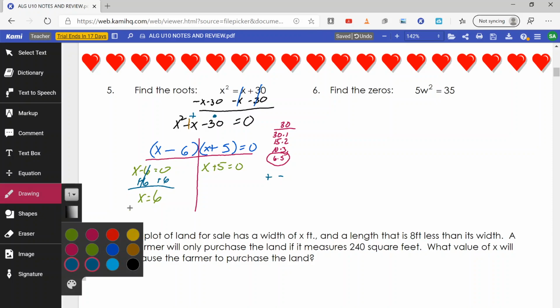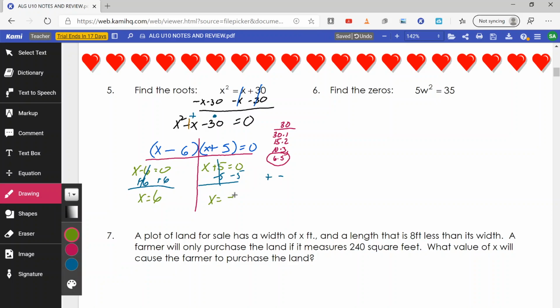And then on this side, we'll subtract 5. 5s will cancel out there, leaving me with x equals negative 5. So again, here are the two values of x that will make this statement true. That will make my equation equal to 0.